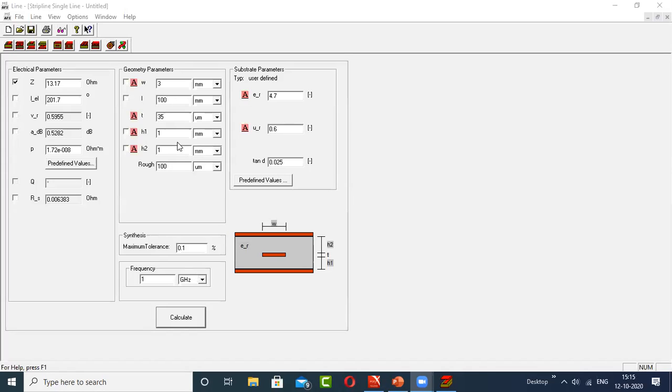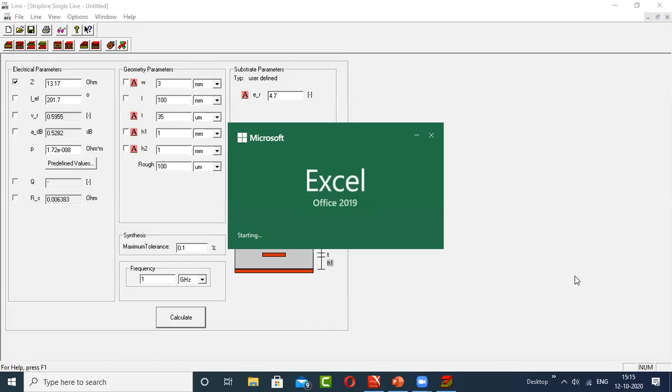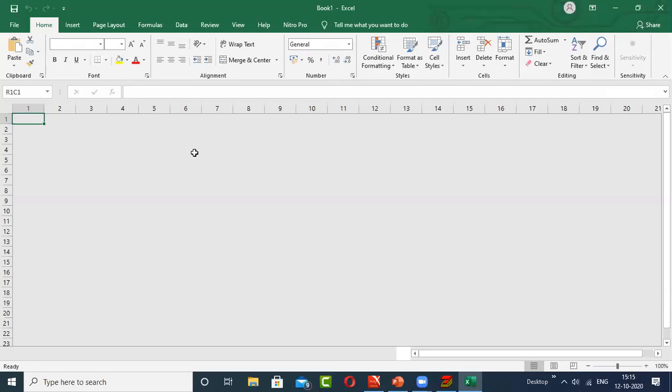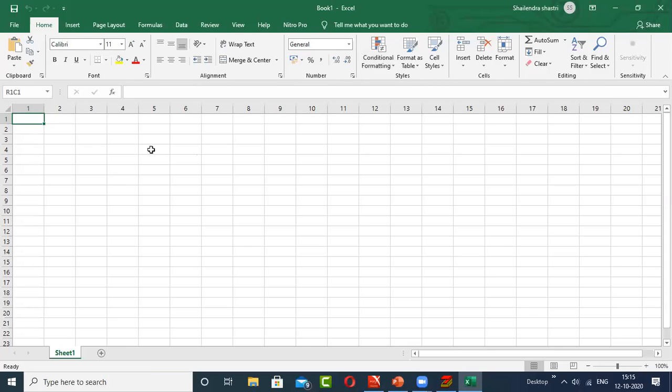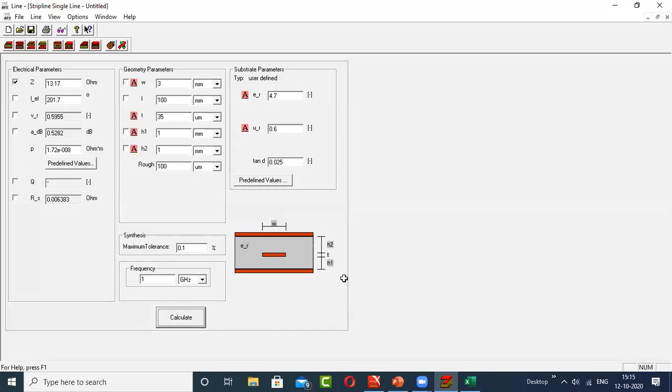Here I will first go for the symmetric case. Symmetric case means H2 and H1 will be the same.